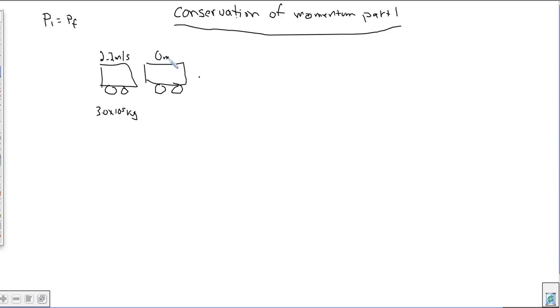So they're going to collide, and let's say that there's no resistance on the railway, and this does not have a brake on it. So after they collide, you can imagine that they will move in this direction, but because the mass is doubled, they're not going to move quite as fast.